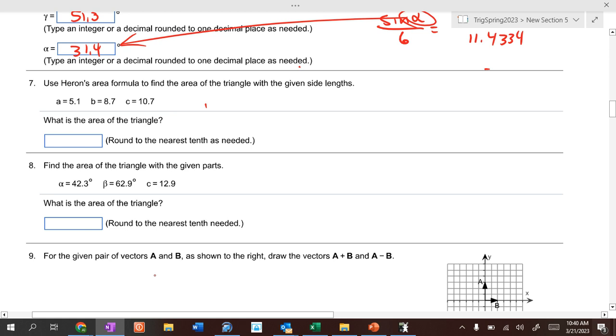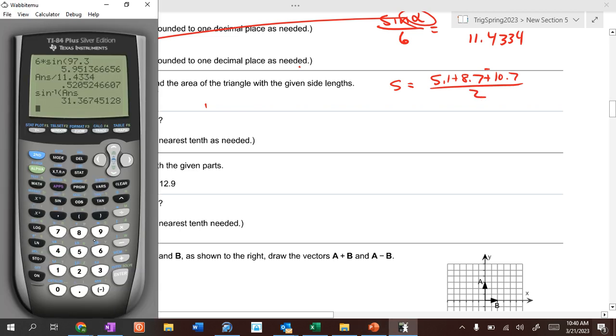Now, area. Heron's formula. Heron's formula is the S one. S equals 5.1 plus 8.7 plus 10.7, all divided by 2. Oh, come on, Mr. Bierschbach. 5.1 plus 8.7 plus 10.7, all divided by 2.